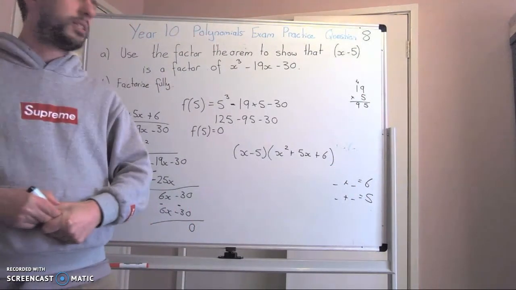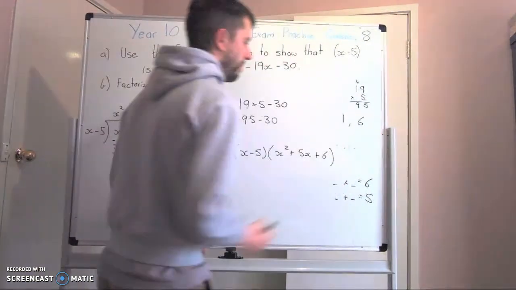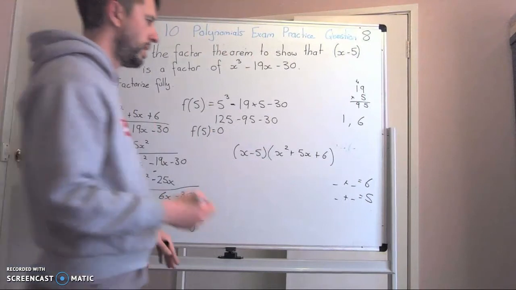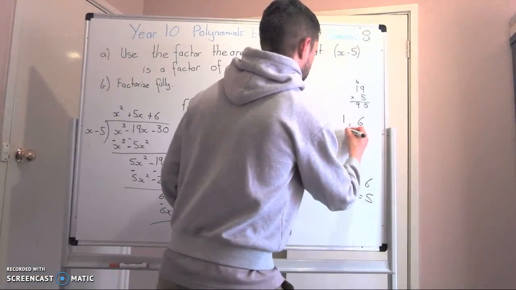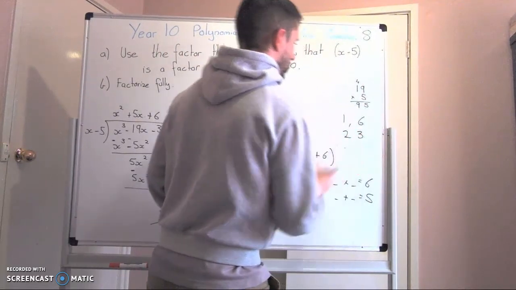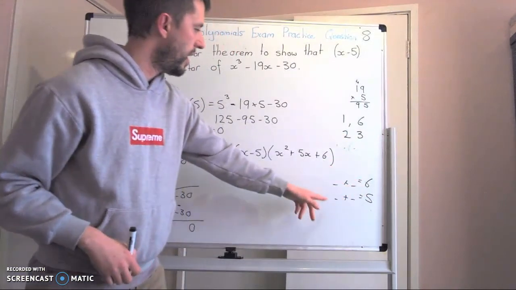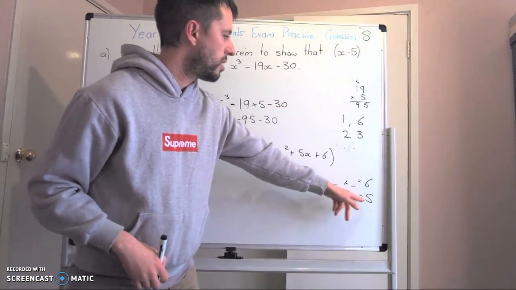What factors make 6? Well, I've got 1 and 6. I've also got 2 times 3. And 2 times 3 is 6, and 2 plus 3 is 5.